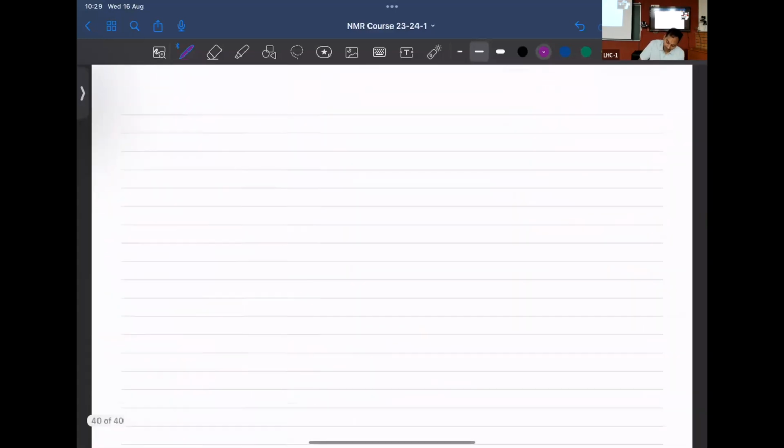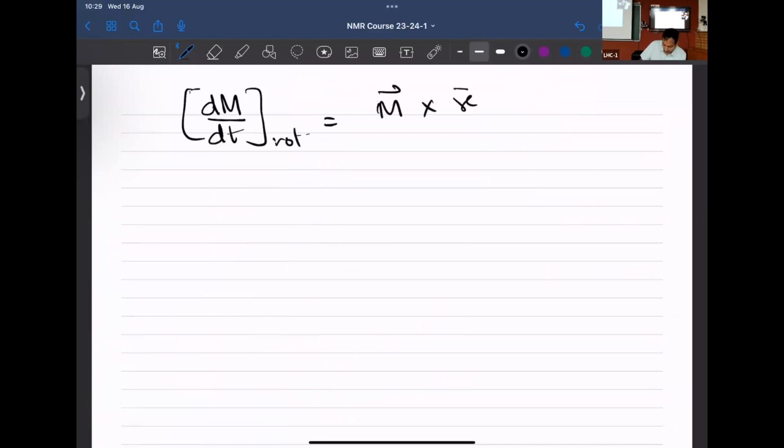Let's go back to the math that we started with. We said dM over dt. I'll slowly drop the ROT because we have accepted the fact that we are in the rotating frame. This was the equation that we had, correct?